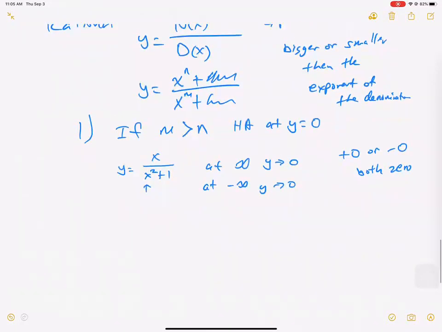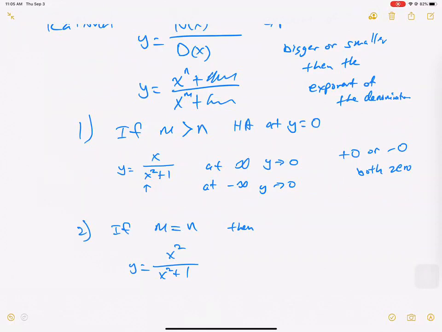Second rule. If m is equal to n, if the exponents are exactly the same, then we divide the coefficients. So I'm going to write this a little differently.